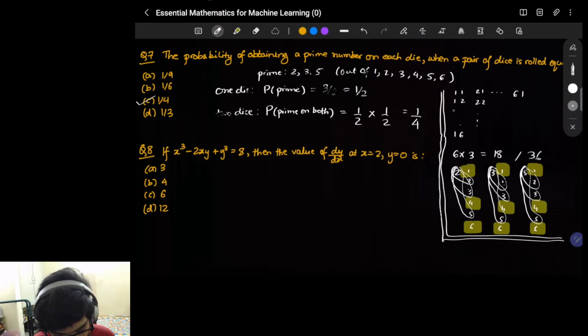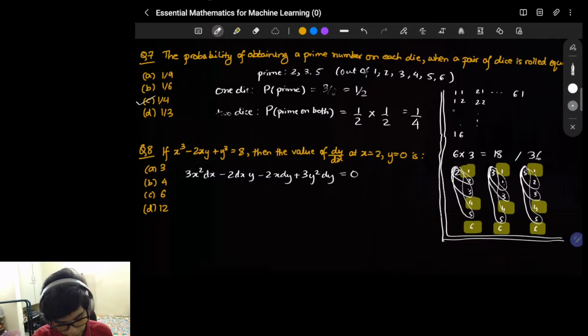Next is a question on differentials. So we are given this implicit function of x and y, and we need to find out the value of dy by dx for a particular combination of x and y. So first let us write down the differential of this expression. So that would be 3x squared dx minus 2 dx y minus 2x dy plus 3y squared dy is equal to 0.